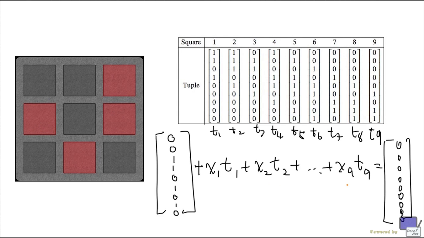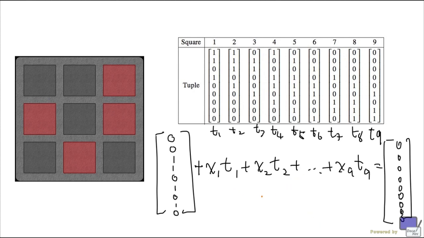Each of x1 up to x9 is 0 or 1. 1 means that I'm choosing the tuple and 0 means that I'm not. And you can see why, because if x1 is 1, this is simply T1. If x1 is 0, then this will just give me the tuple of all zeros.